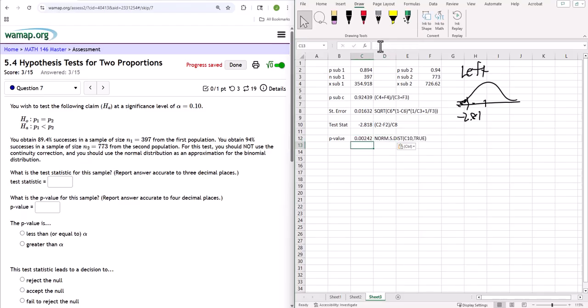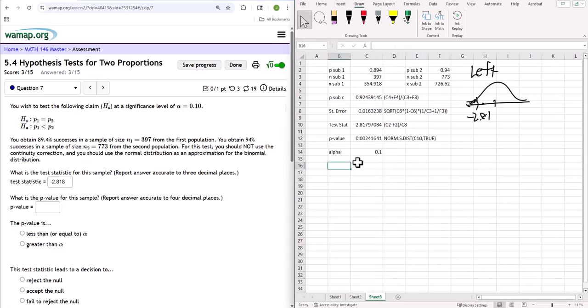So we need to make a comparison of that to alpha. Alpha, we're given here near the top of our problem, 0.10, so this is kind of like a 90% confidence level. So, entering the stuff that we have so far, our test statistic is negative 2.818, and maybe if I want to see if there's more to it, I could drag this over. 8179, so it would round that way.